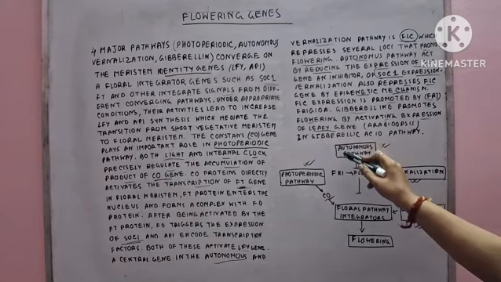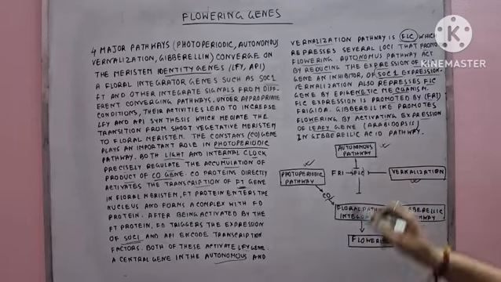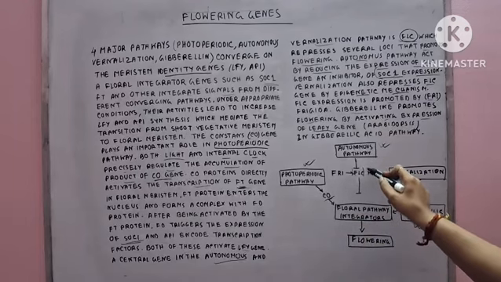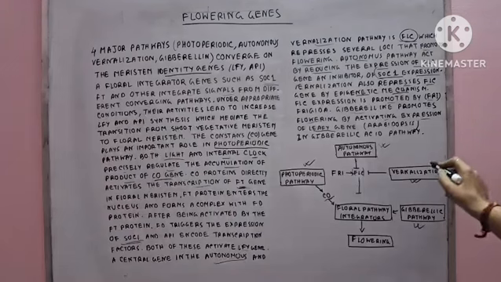And in the case of the autonomous pathway, it stops the FLC, which allows the floral pathway integrators to be activated. And this is the vernalization process.